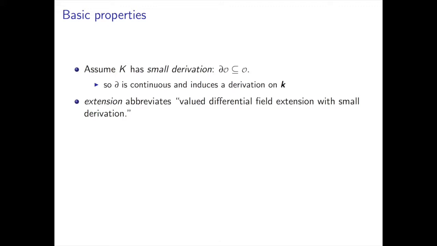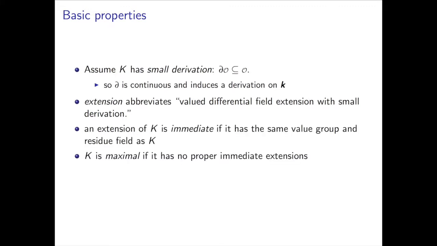Okay, so I'm going to be considering various extensions. Let me just say that all the fields that I'll mention have small derivations. So extension will just be, in this sense, a valued differential field extension with small derivation. And this maximality property from before will mean, in the differential setting, that it has no proper immediate extensions.